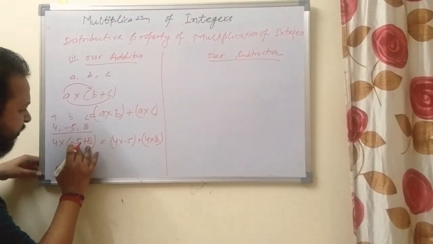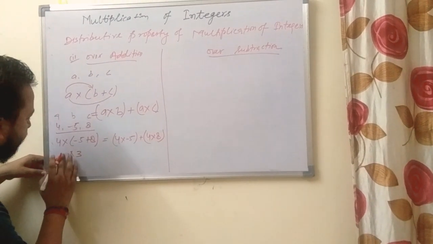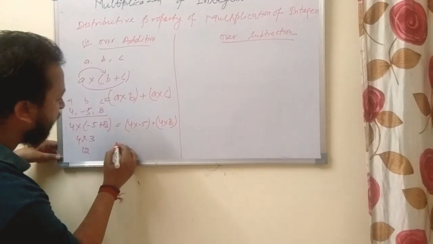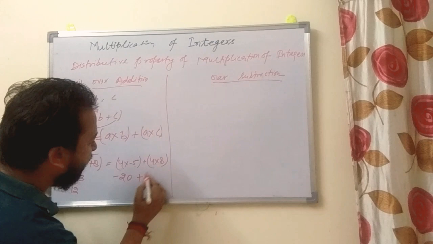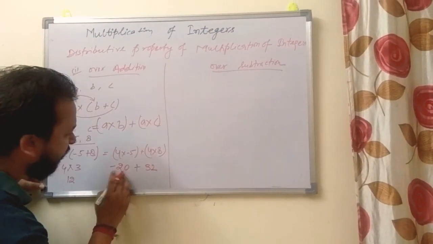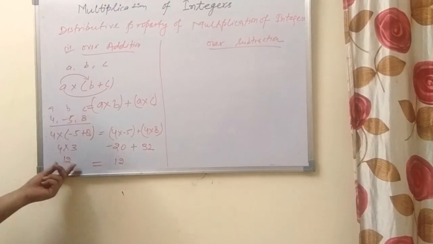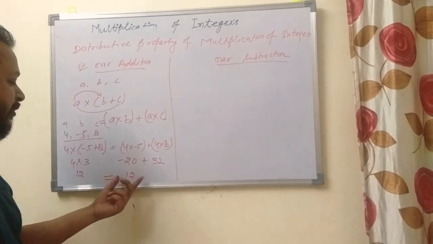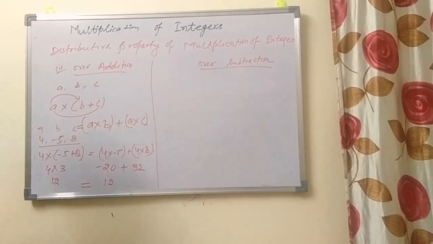The difference between 5 and 8 is 3, that is positive. Here it is 4, 4 3s are 12. And here 5 4s are 20, that is minus, and plus 4 8s are 32. The difference between 32 and 20 is 12, positive. So you can see that the LHS is equal to RHS, means left hand side is equal to right hand side.